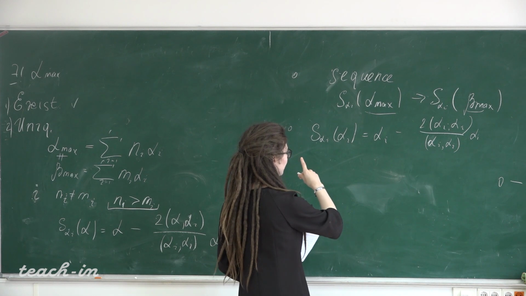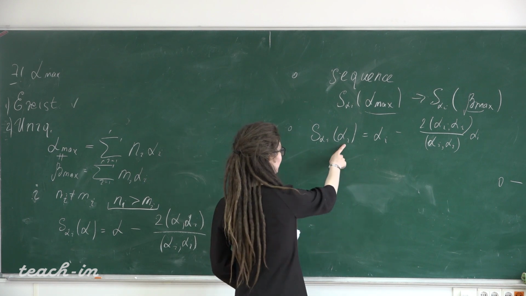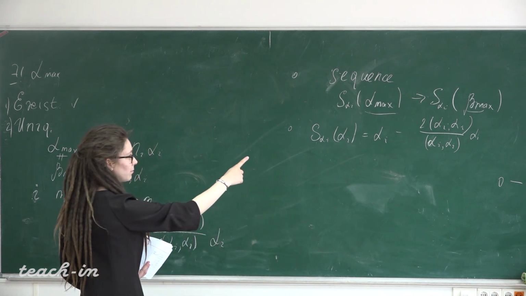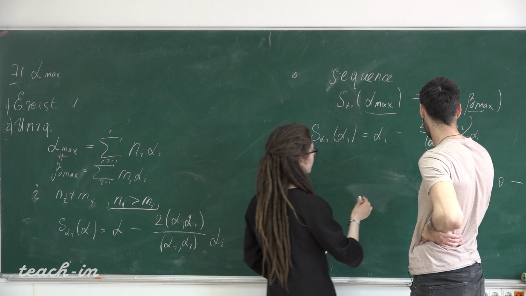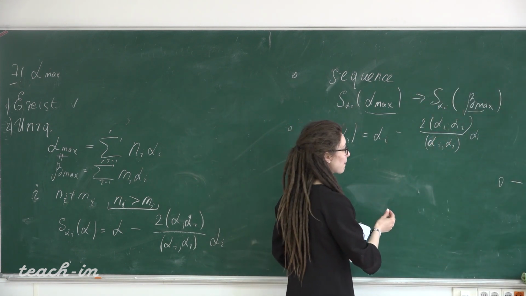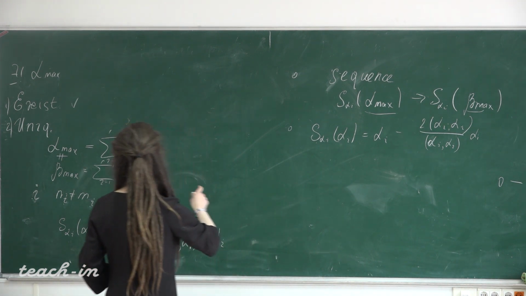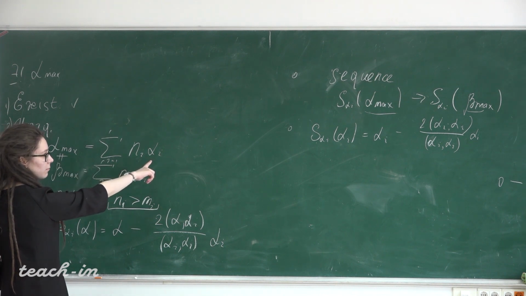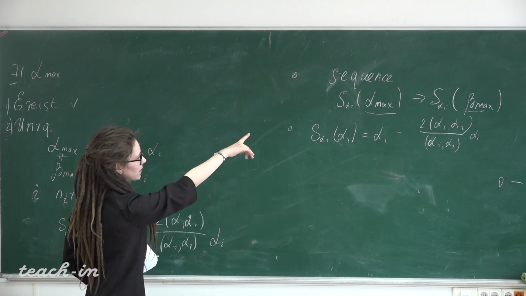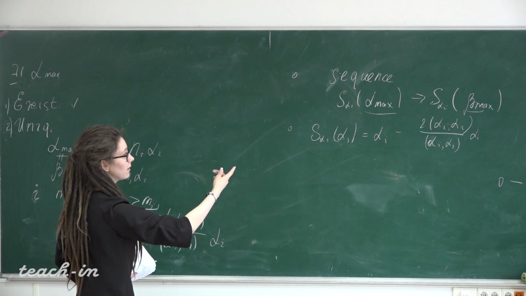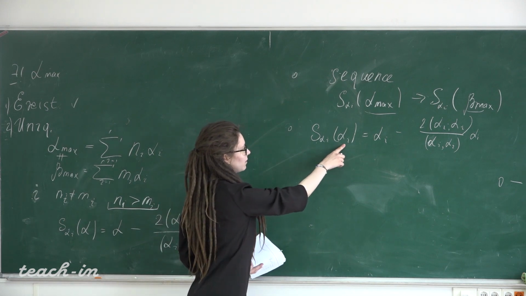So it will 100% decrease height when we act on a simple root. So we will 100% decrease the height of a simple root. But our maximal alpha consists of all the simple roots, so we will never get a sequence that will preserve height on every step, because on at least one step it will decrease.